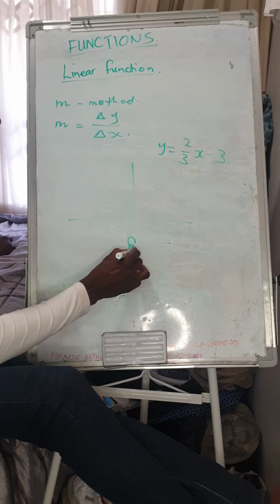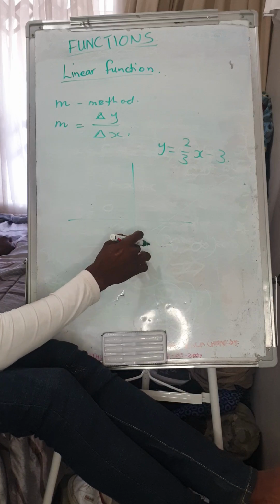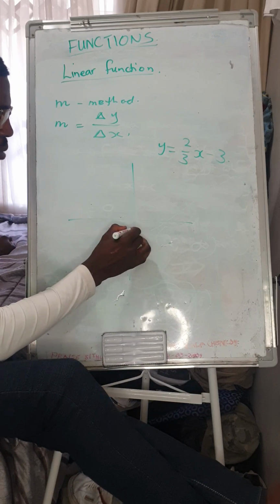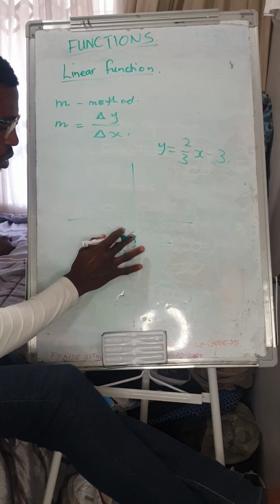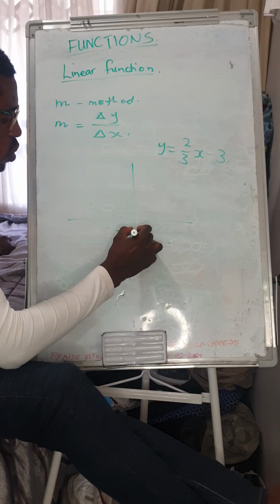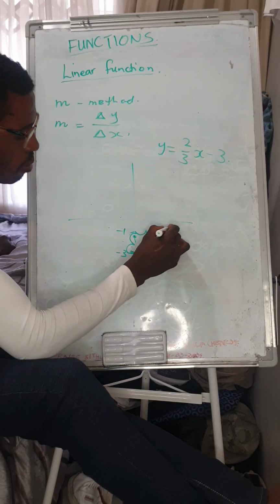So I'll go 1, 2 up, then minus 1, 0, minus 2, minus 1. Yes, so which means I'm now at minus 1. Right? Minus 1. And then I'll also go how many times? I set it here. Then 1, 2, 3. And then I'm there.